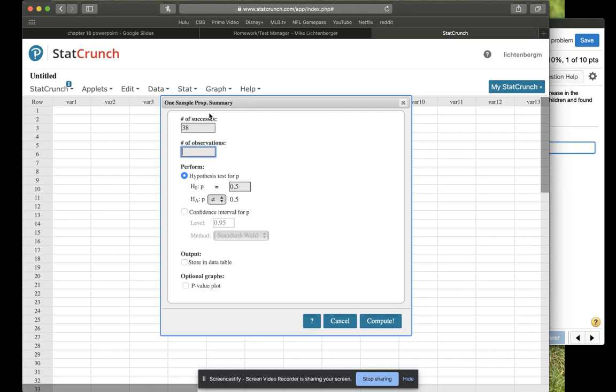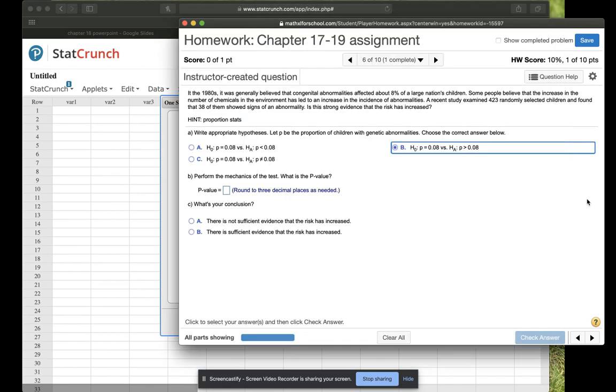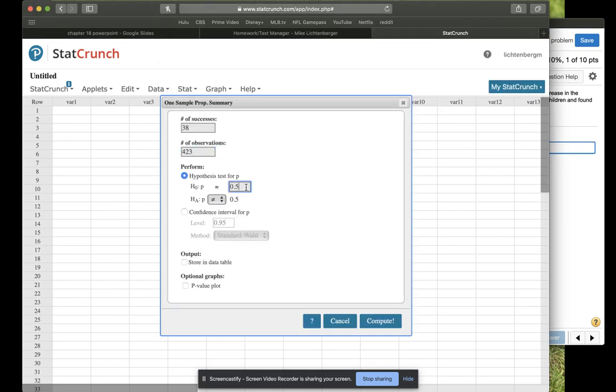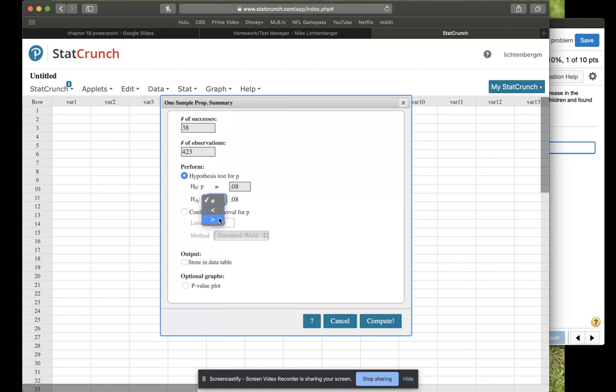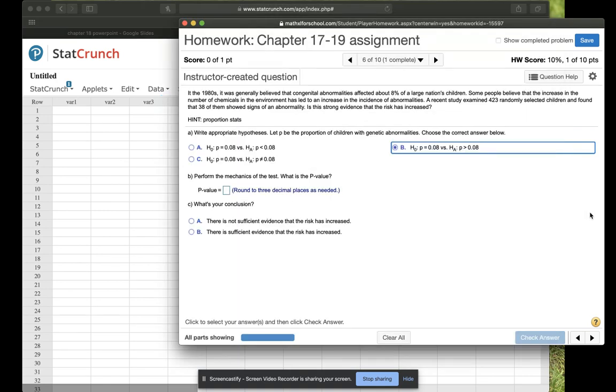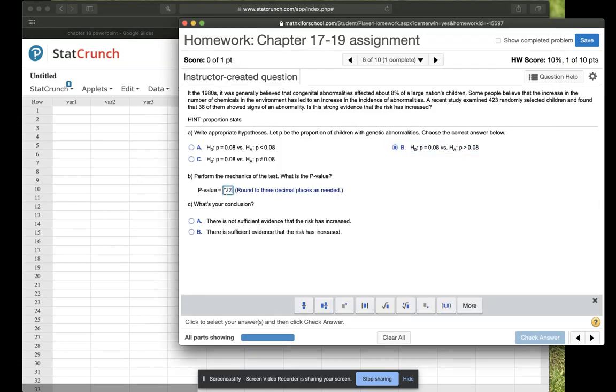And our percentage was 8%, so I'm going to change this to 0.08. We had already decided that it was greater than, so we make that a greater than, and we compute. Our p-value is 0.228.